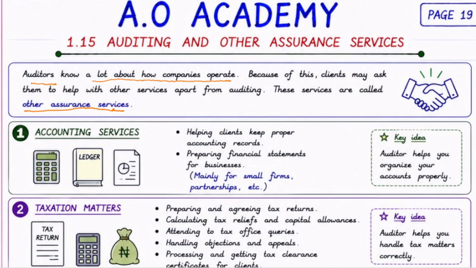Okay, and we have a couple of them. The first is accounting services, that is helping clients keep proper accounting records, preparing financial statements for businesses, mainly for small firms and partnerships. Auditors help you organize your accounts properly.